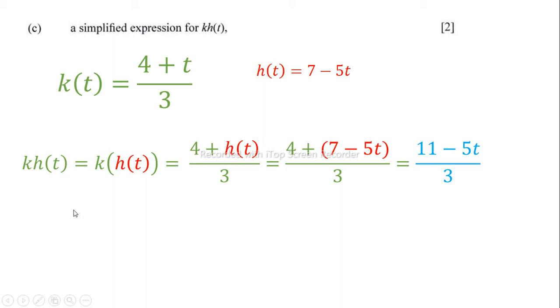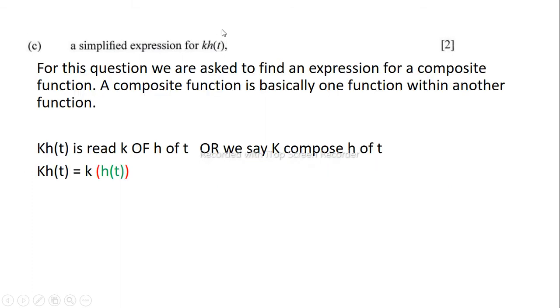So that's what I was telling you, that this is when they have it like this, K of H of T. For this question we are asked to find an expression for a composite function. A composite function is basically one function within another function.